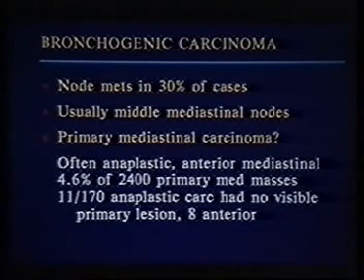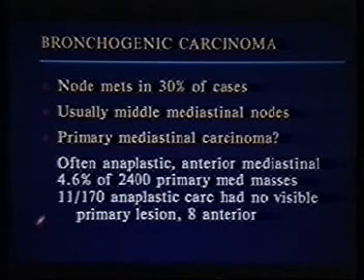that these anterior mediastinal bronchogenic carcinomas are occurring primarily in that location without there being a lung mass associated. These primary anterior mediastinal carcinomas are often anaplastic tumors, anterior mediastinal, as I've said. In one review of 2,400 primary mediastinal masses, about 5% were considered to be one of these so-called primary mediastinal carcinomas.